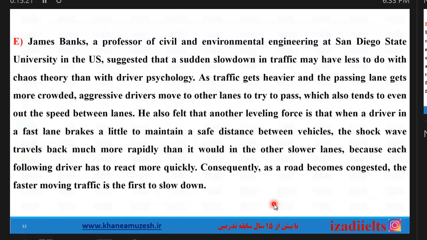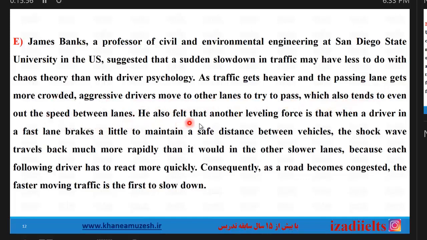E, paragraph E, which is the last one. James Banks, a professor of civil and environmental engineering at San Diego State University in the US, suggested that a sudden slowdown in traffic may have less to do with chaos theory than with driver psychology. As traffic gets heavier and the passing lane gets more crowded, aggressive drivers move to other lanes to try to pass, which also tends to even out the speed between lanes.